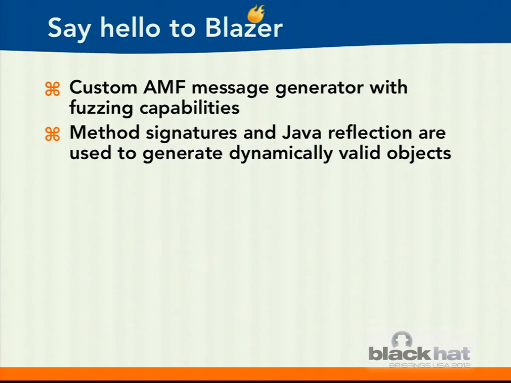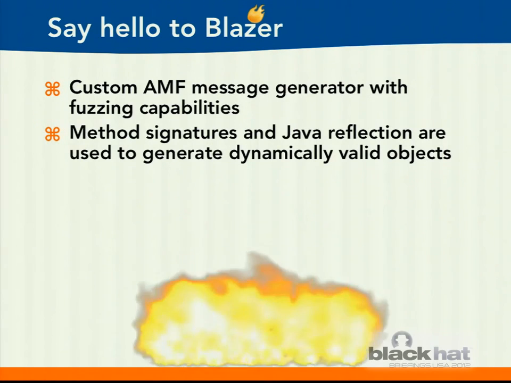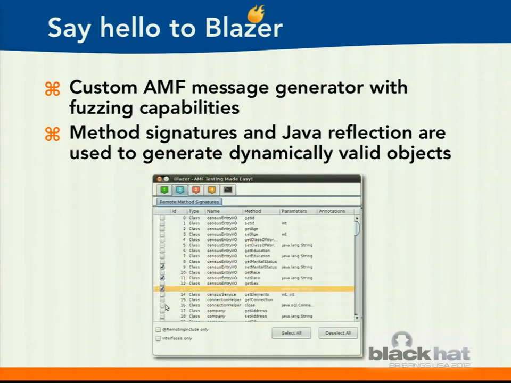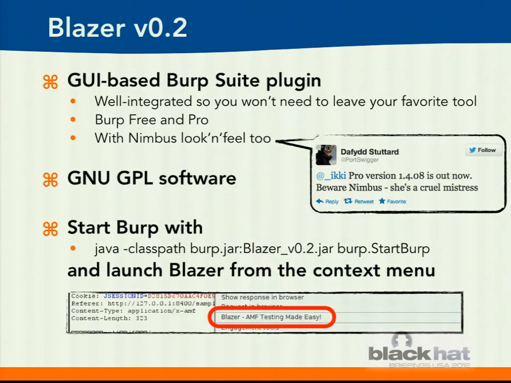Based exactly on this idea, I built Blazer, which is a custom AMF message generator with fuzzing capability. The idea is basically to use the method signatures defined in the Java classes and Java reflection to build valid objects dynamically. It comes as a Burp Suite plugin, and I'm really a big fan of the tool.